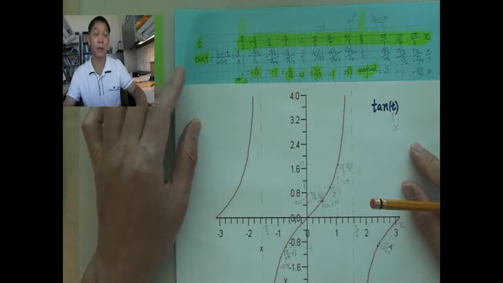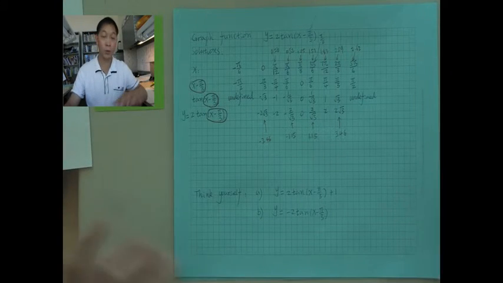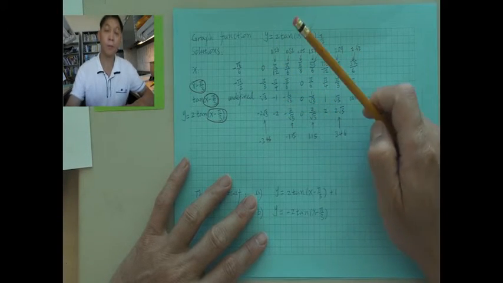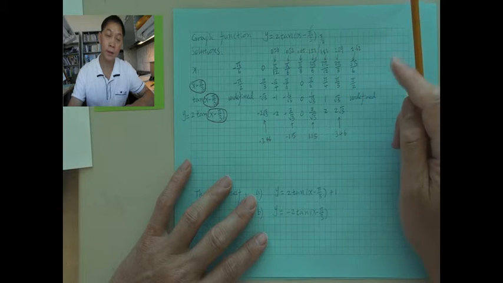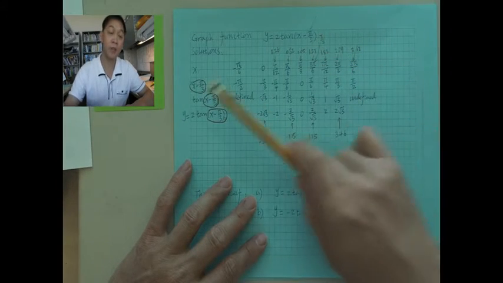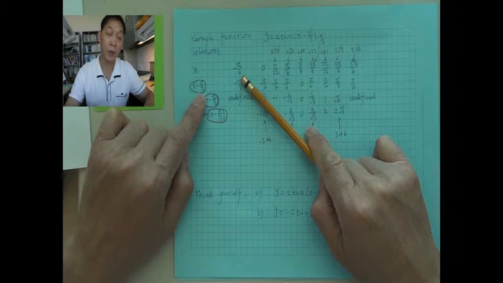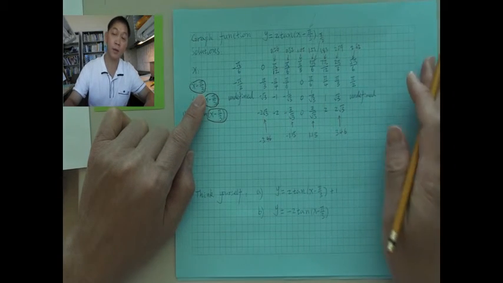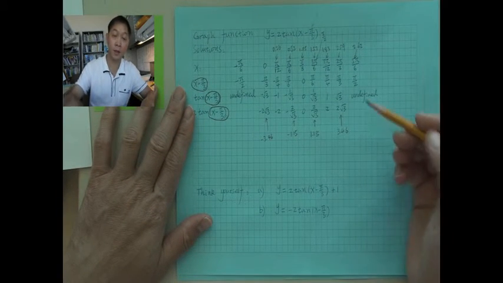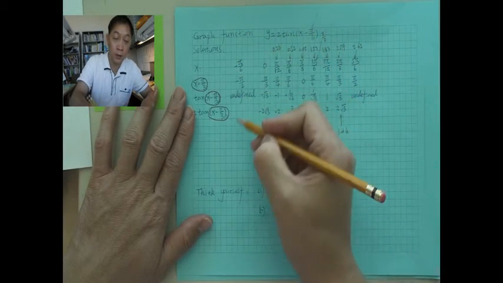Now, let's look at the one we want to talk about today. We'll start with the undefined point, the asymptote. If x is negative pi over 6, then x minus pi over 3 equals what? Let me do a little calculation.